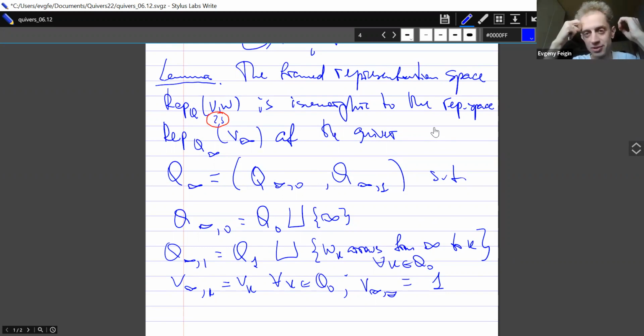So we somehow fix the decomposition of the homomorphism from W to V via the direct sum of several homomorphisms. So this is not canonical, but just a convenient tool for some computations.